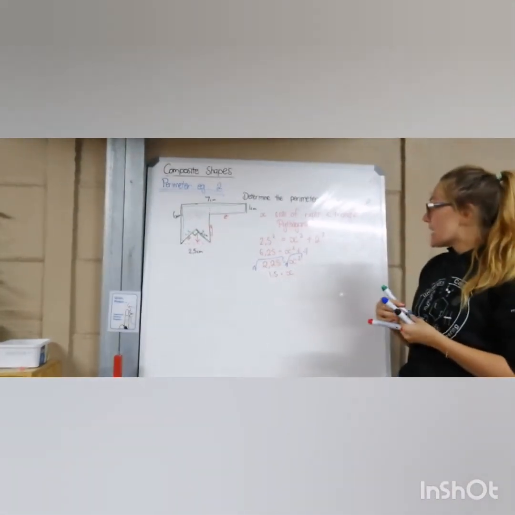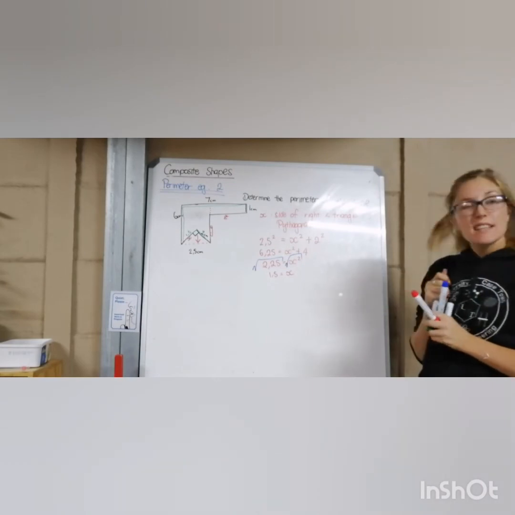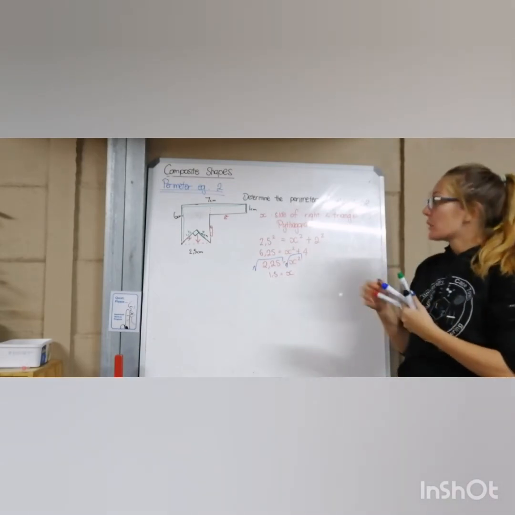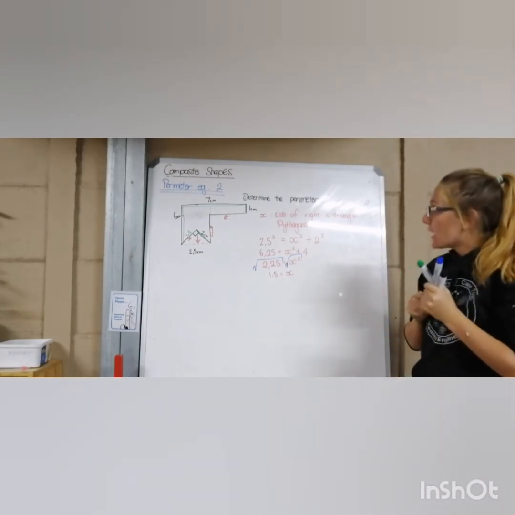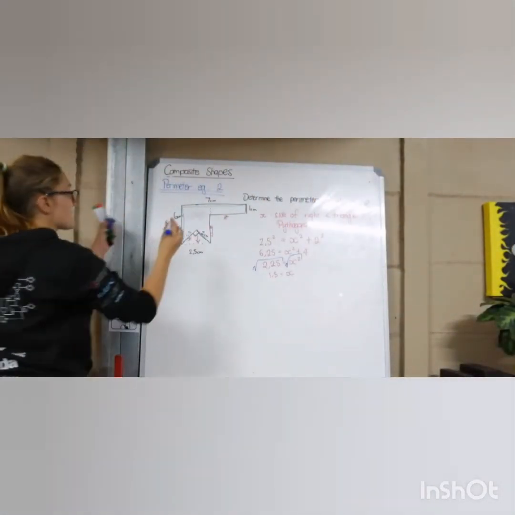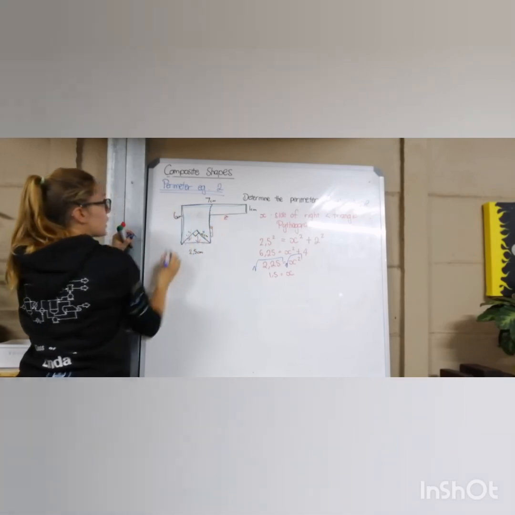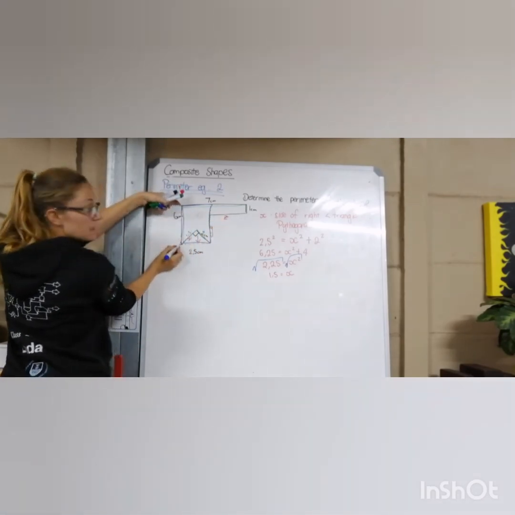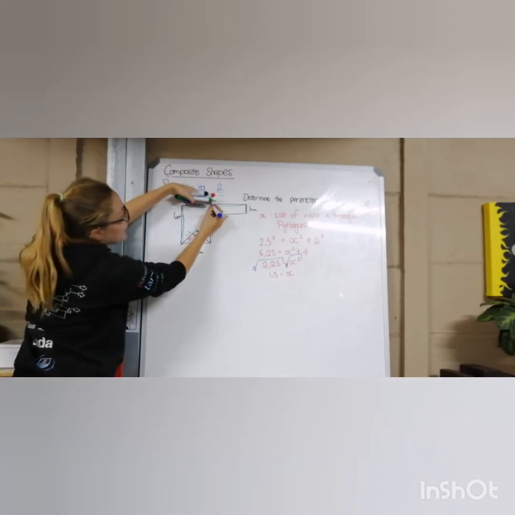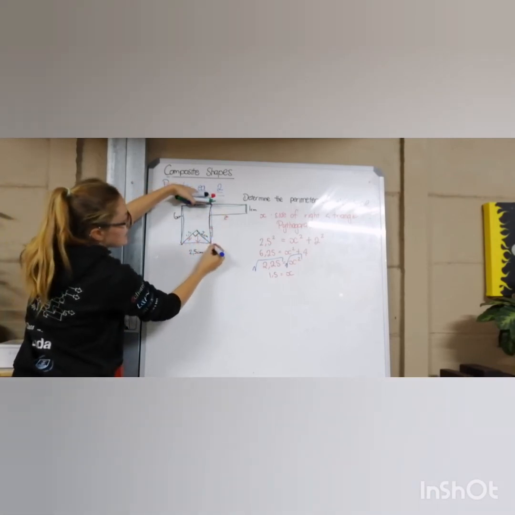Now, y and z. Y and z, it's actually a bit more logic than following a method. So for y, let's look at this. For y, we've got this rectangle here, making it blue. Okay? We know that this whole side is 6, which must mean that this whole side is 6.